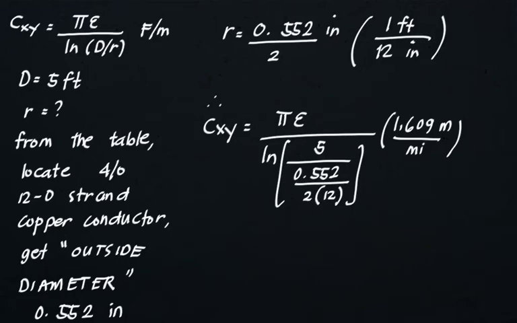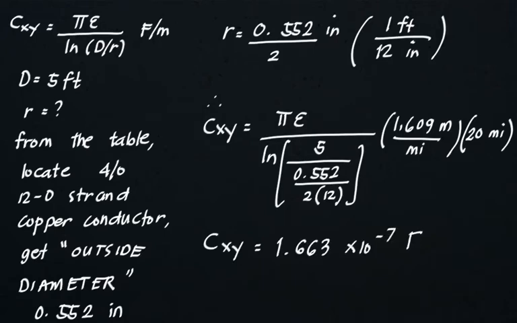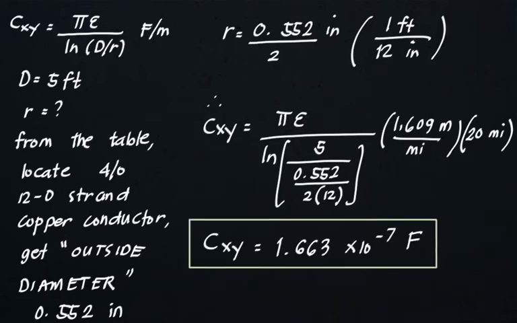So we'll have CXY of 1.663 times 10 to the negative 7th farad. So that's our line-to-line capacitance. And so next is the line-to-line admittance.